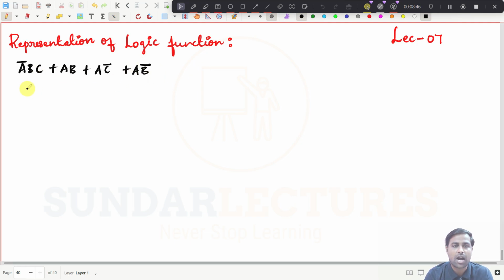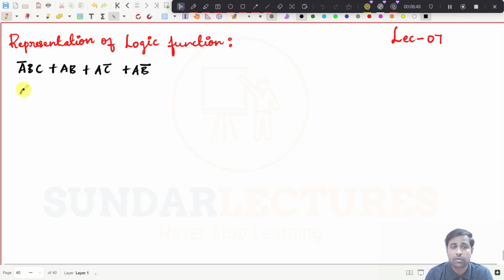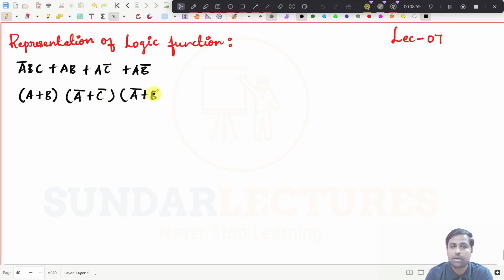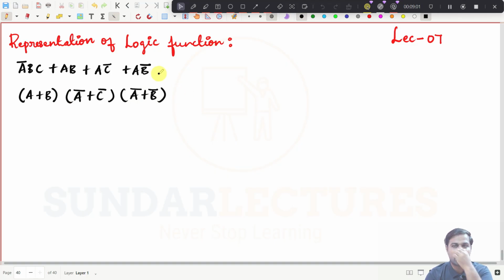Or on the other hand, we can also write the expression like this: a plus b, multiplied by a bar plus c bar, multiplied by a bar plus b bar, like this. We can represent the Boolean logic functions in two ways. One is like this, one is like this.